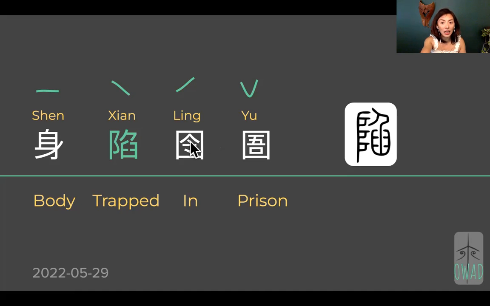And then 囹 and 圄 are sound makers. But by itself, ignoring the block, just the inside, this is pronounced as 令. It's a sound maker, and it transformed into 囹. But 令 means order. 圄, inside this character without the block, is pronounced as 吾.